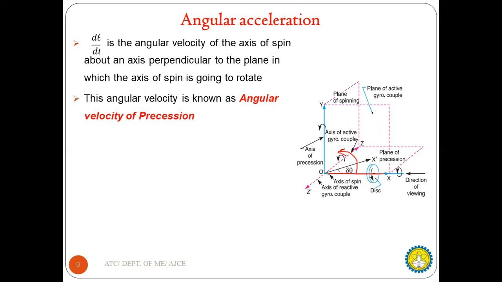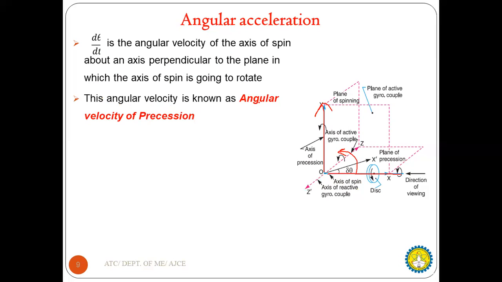This entire axis plus this disk is rotating. So d theta is the angle made by this entire thing, this axis and this disk, after some time, about an axis perpendicular to the plane in which the axis of spin is going to rotate. About this axis, it is taking this angle or this movement.